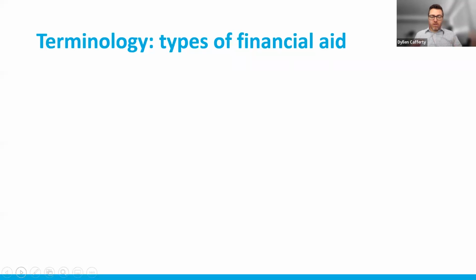Some common terminology that I experienced when I was exploring some of our different examples I wanted to talk about specifically right now is the type of financial aid that the student's going to see. One of the big main ones is grants and scholarships. Grants and scholarships are considered gift aid and usually don't have any repayment needed unless the student withdraws from school before they finish the semester.